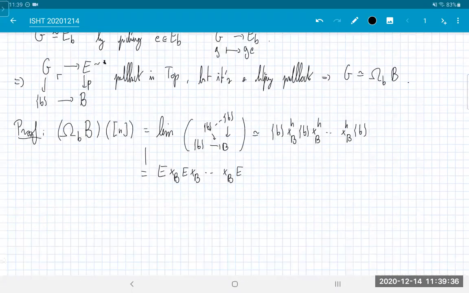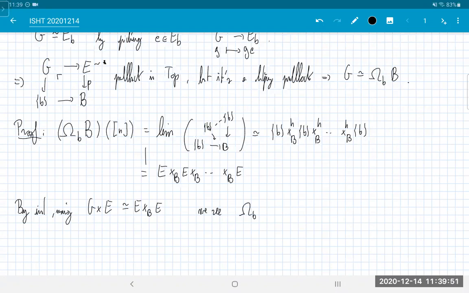But now, by induction, using that G times E is equivalent to this fiber product, we see that omega B n is going to be G times G times G, n times, times E. And E was contractible, remember?